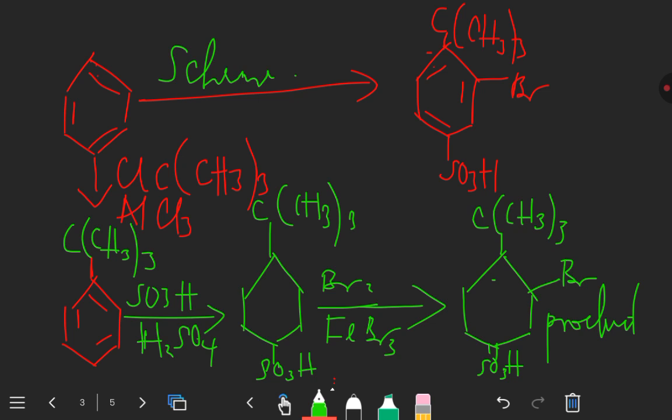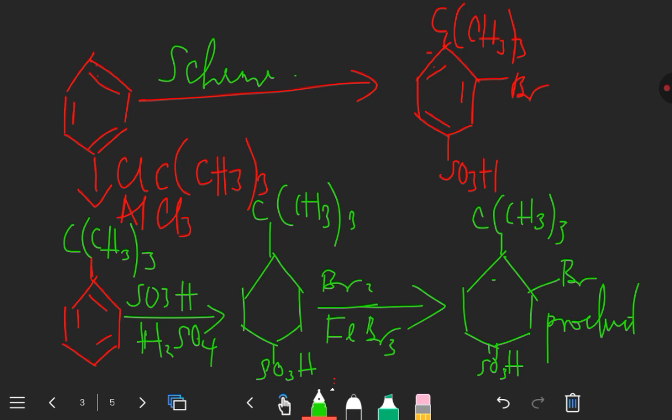So it's more like a stepwise way of dealing with a chemical reaction. How are you going to perform the chemical reaction? By following a step-by-step synthesis.